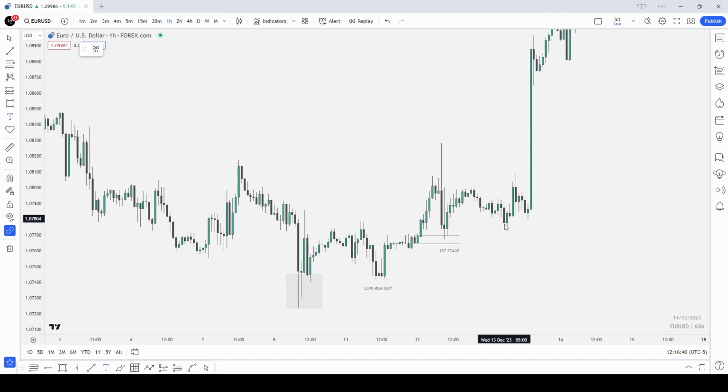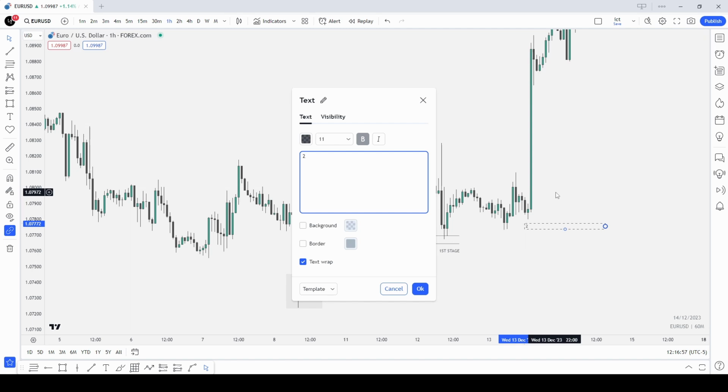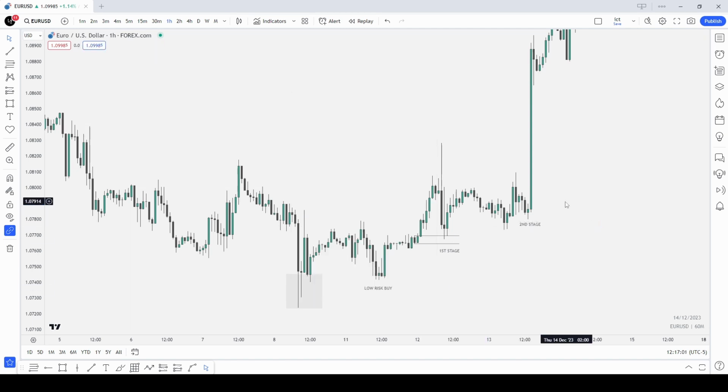So you could label this as your second stage of distribution, as it is technically. Or when we get a leg up, retrace into this down close candle, this counts as our second distribution. For the sake of this video, I will use this as the second stage of distribution. Now, a few things to recap.